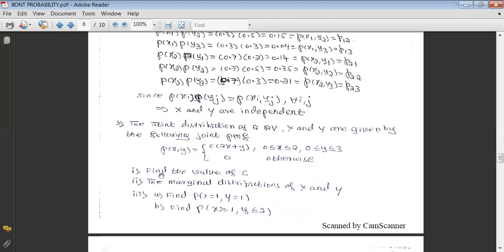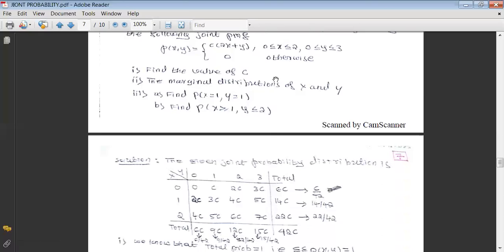Here we are asked to find the value of c. Next, the marginal distributions of x and y. Then you have to find the probability that x takes the value 1 and y takes the value 1. And we are asked to find the probability that x is greater than or equal to 1 and y is less than or equal to 2. First, for these values, let us construct the joint probability distribution.